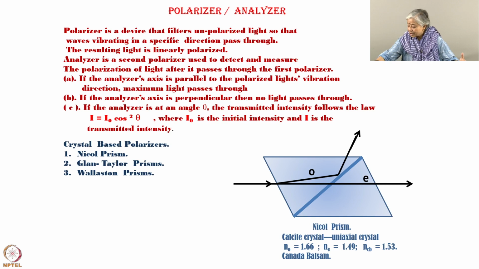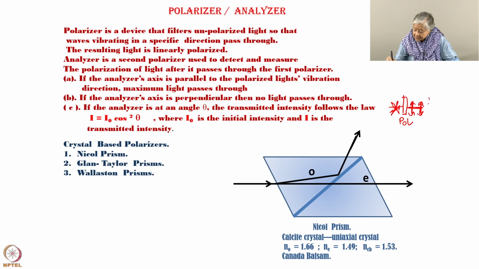Okay. So, what is generally done is like this. Suppose I have a polarizer here. This is just representative. I have passed an unpolarized light, this I have shown you before, and it passes through, and I am getting light in one direction. Okay.